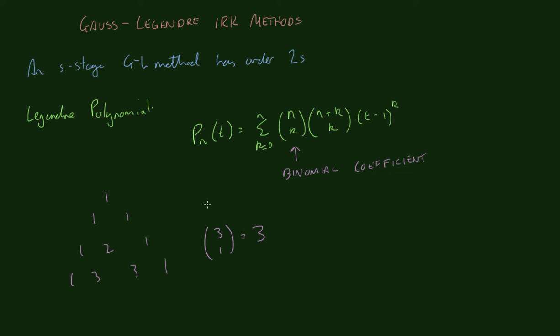So how does the Legendre polynomial help us in deriving an implicit Runge-Kutta method? The c values are the roots of our Legendre polynomial.